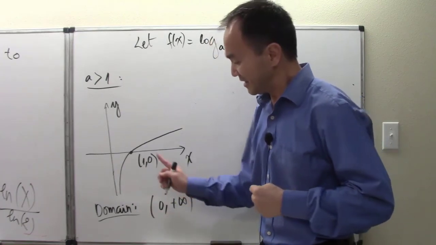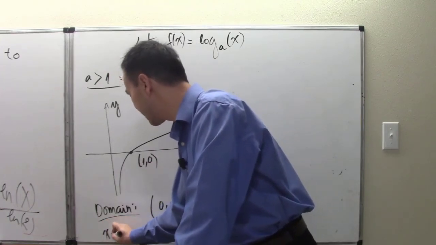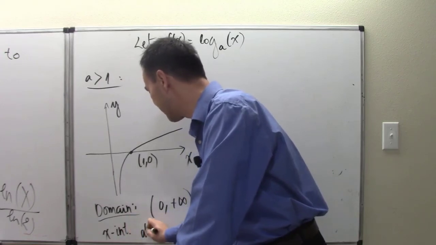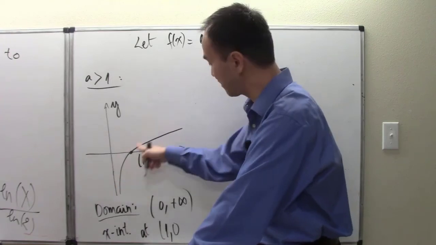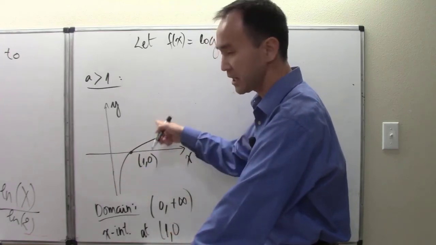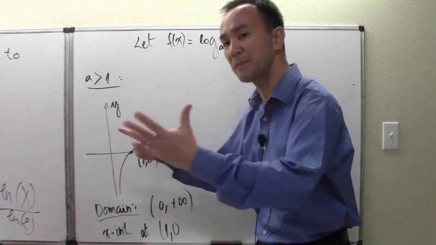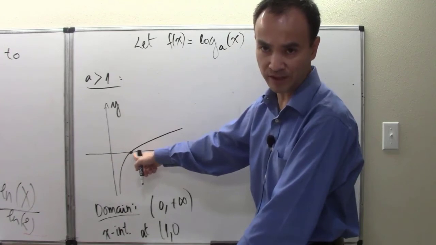All right, now we have the x-intercept at (1, 0). This is for all graphs that we've seen so far: log base 10, log base 5, log base 4, log base 2, log base e, log base 3. These all have that shape and all go through that common point, (1, 0).